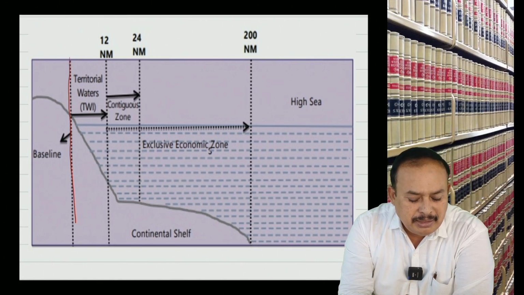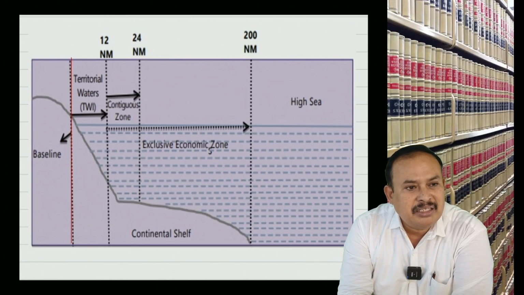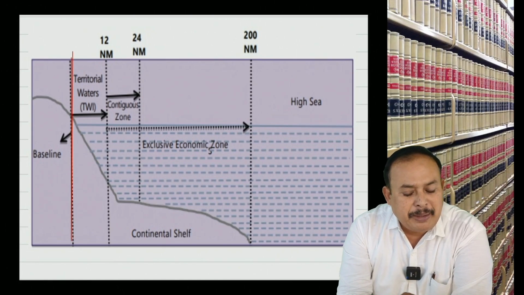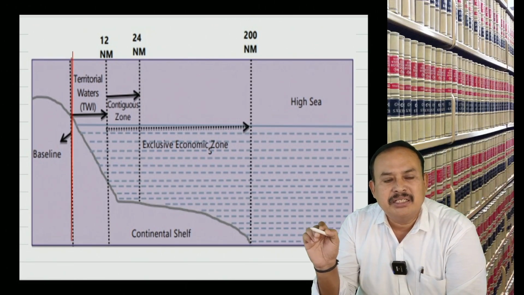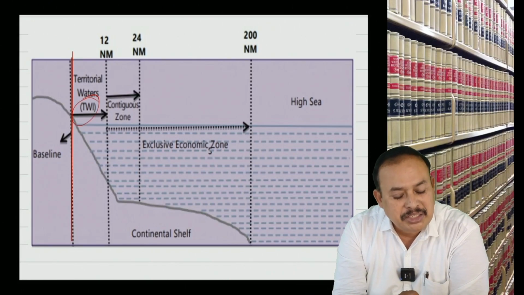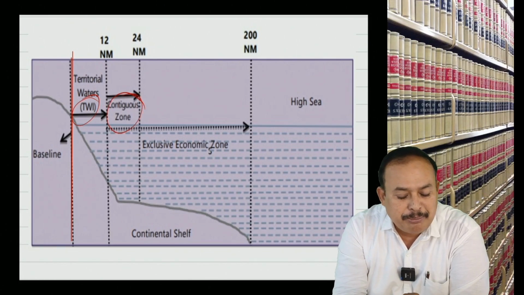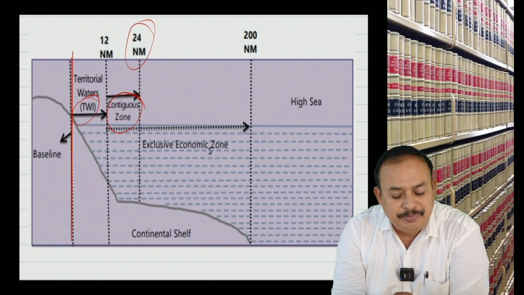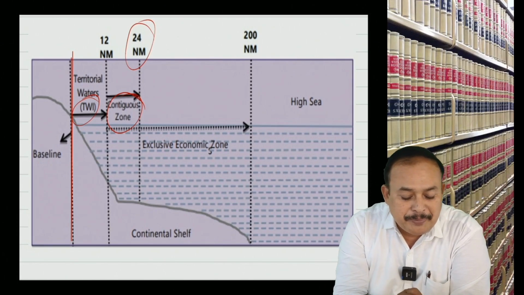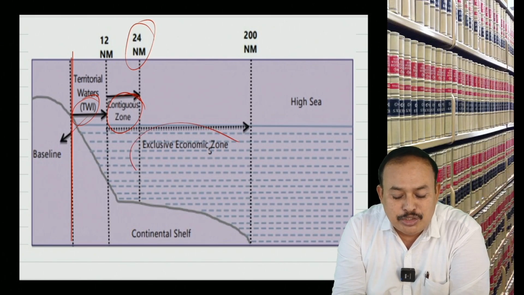Baseline means the coastal area. From that, 12 nautical miles into the surface of the sea is called what? Territorial waters. From there, 12 nautical miles is called the contiguous zone, from the baseline to 24 nautical miles. Thereafter, from the 24th nautical mile to 200 nautical miles from the baseline is called the exclusive economic zone.